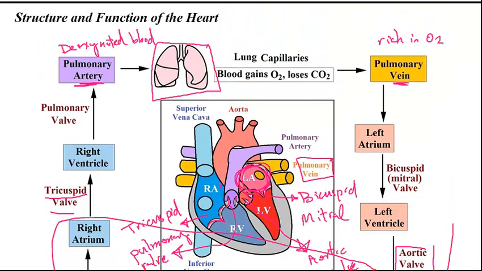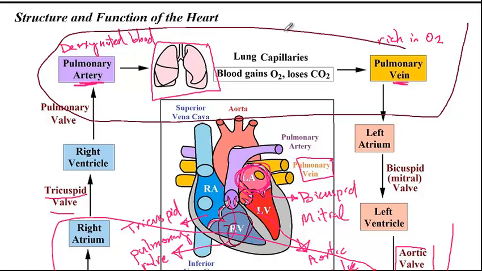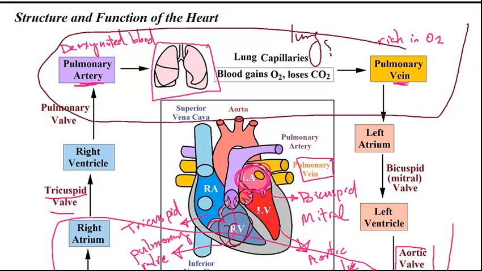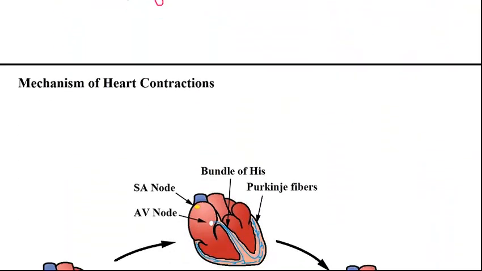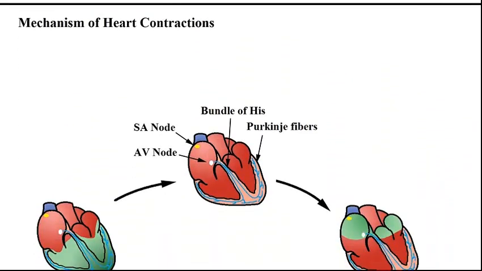And then we have pulmonary circulation where via the right ventricle blood is pumped into the lungs. I will go over that again in a separate image that better shows the difference between systemic and pulmonary circulation. All right, now let's go over the mechanism of heart contraction.